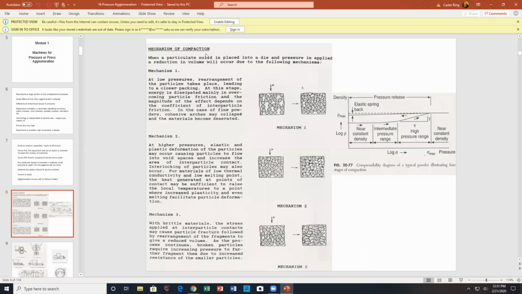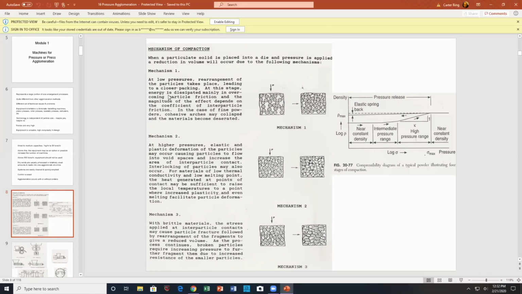Anyway, the mechanism of compaction is shown here, and you have the near constant density. Since the interstices in here are most likely air, it doesn't weigh very much. At low pressure, the rearrangement of particles takes place, leading to closer packing.